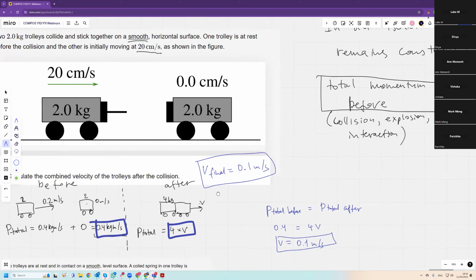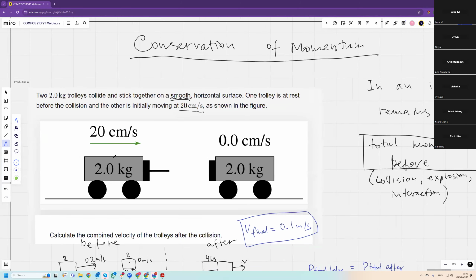And it kind of makes perfect sense. It is moving at 20 centimeters per second, and the mass is 2 kilograms. Now the mass becomes 4 kilograms. That means the speed becomes 10.